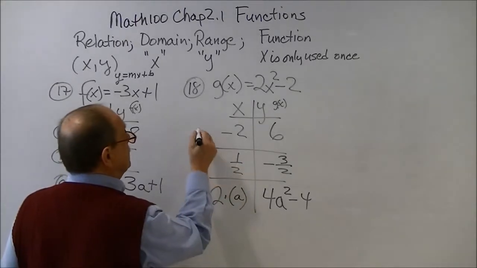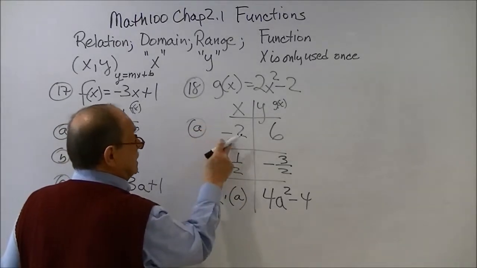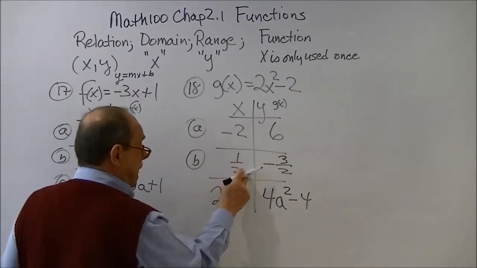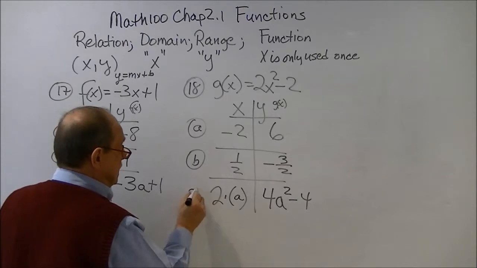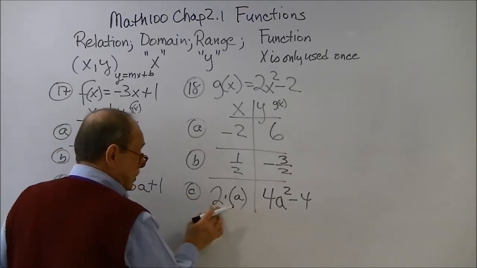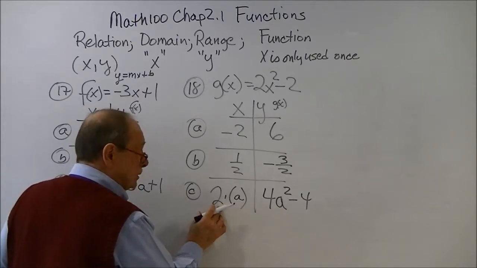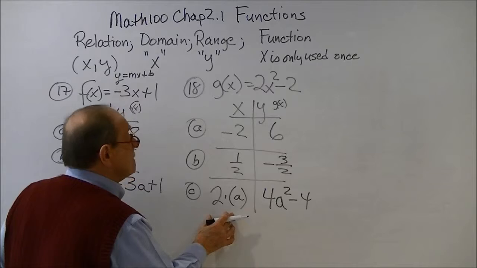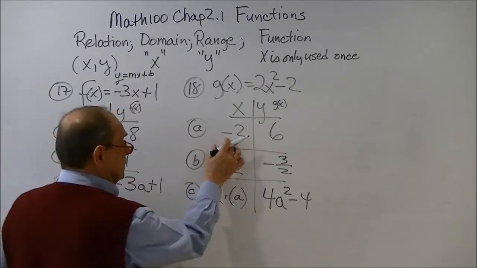Remember, they're going to give you value for a is a negative 2, value for b is a 1/2, and value for c is 2 dot a. Well, 2 dot, that means 2 times. Okay? So let's do this one.